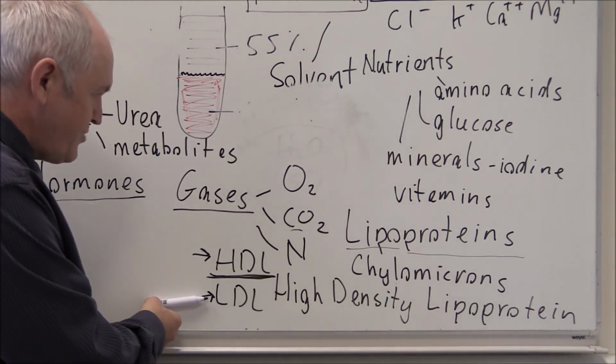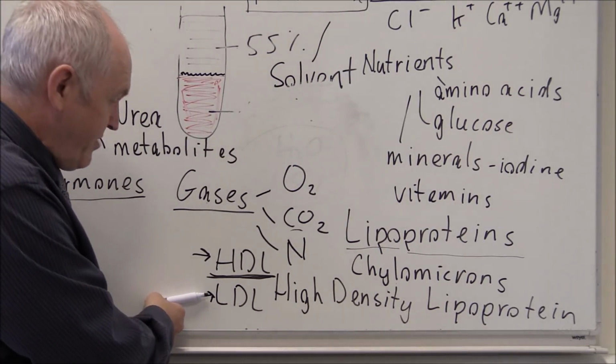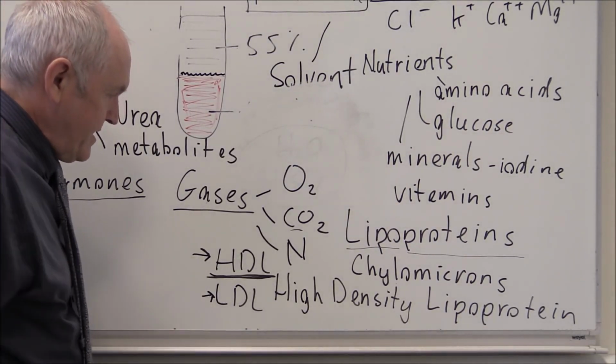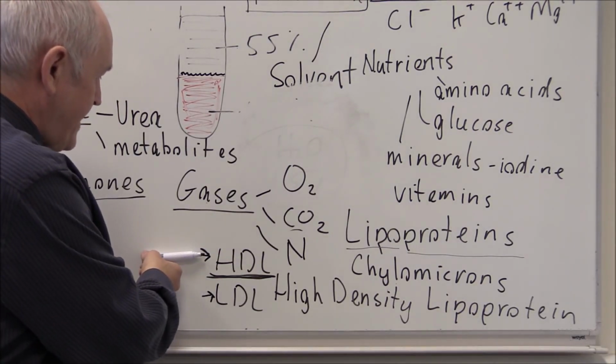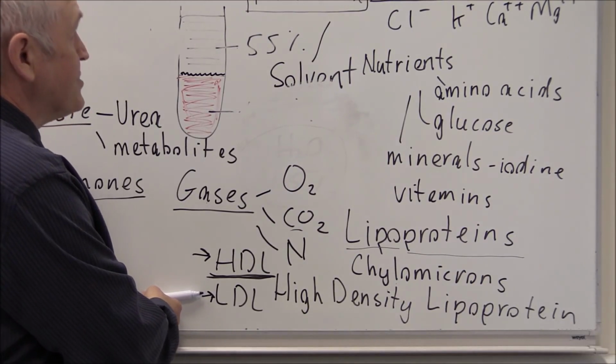So high levels of low density lipoprotein will be atherogenic. They can lead to atheroma. So ideally we want to have quite high levels of HDL and quite low levels of LDL.